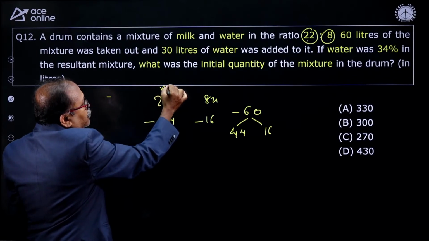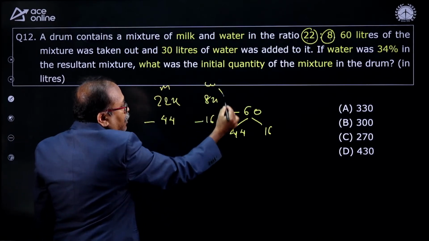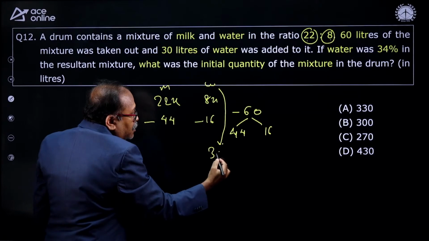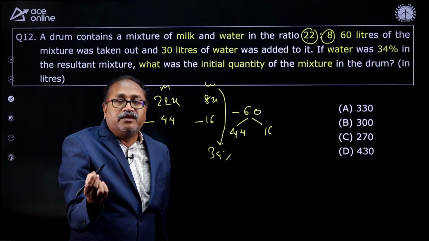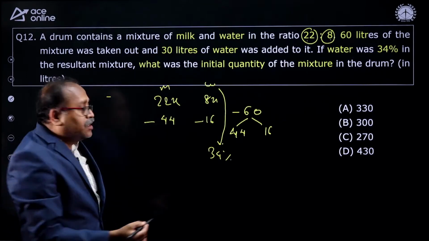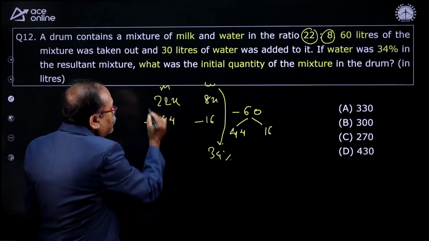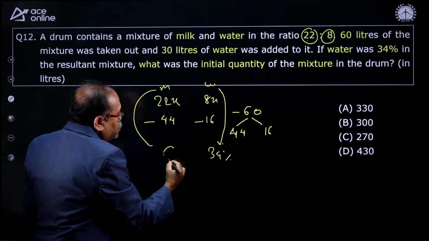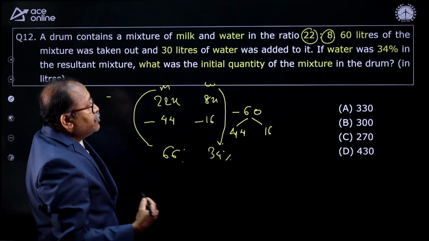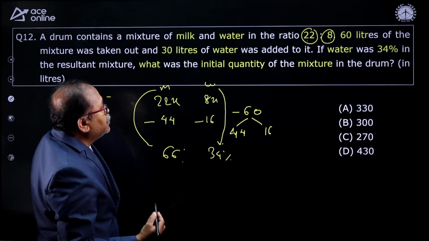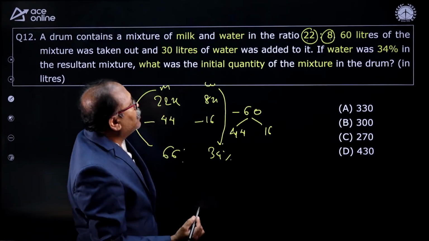So this is milk and this is water, and this water is 34%, then what will be the percentage of milk? 100 minus 34, that is 66% will be the milk, right? So the milk will be 66%. Now you are asked to find out the initial quantity of the mixture.